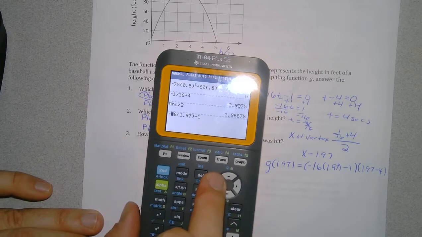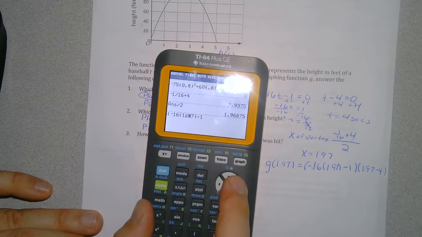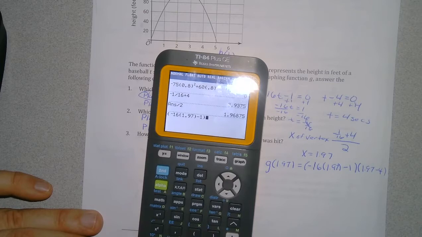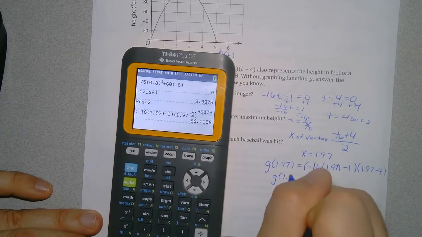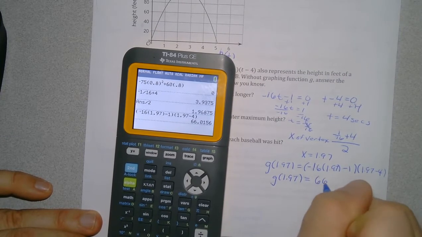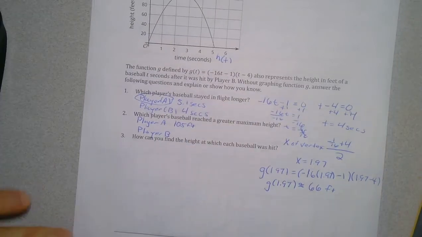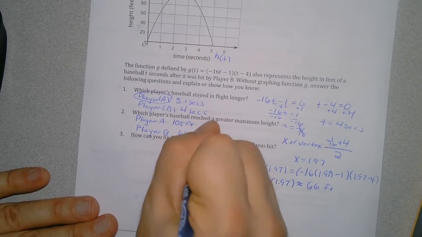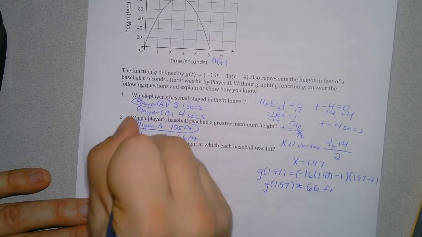And I'm going to need to put parentheses around that. So if I press second insert and then put a parenthesis, and then multiply that by 1.97 and then minus 4, I got g of 1.97 seconds equals about 66 feet. So we'll put the approximate. So here it's about 66 feet. So we can see player A had a greater maximum height.